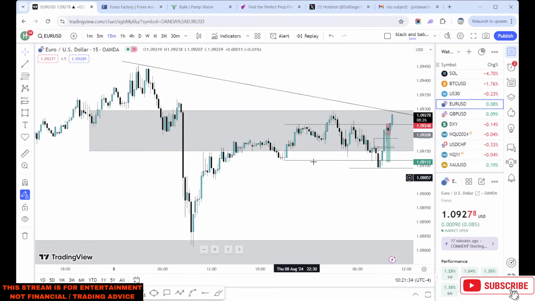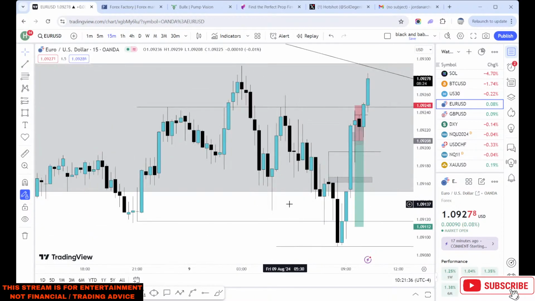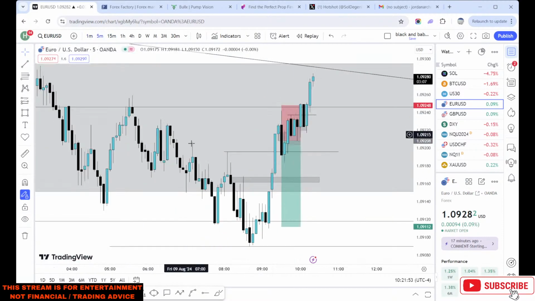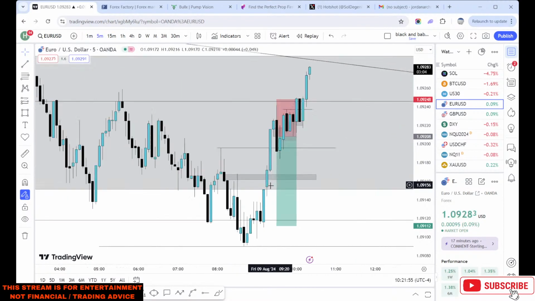So now going to the 15-minute, at the 9 a.m. candle, which is this candle right here, I'm looking for it to open and go higher into a 15-minute point of interest, like this external range liquidity for a turtle soup, or there is a 5-minute fair value gap right there as well. Sometimes whenever there's not a 15-minute fair value gap, look for a 5-minute fair value gap.